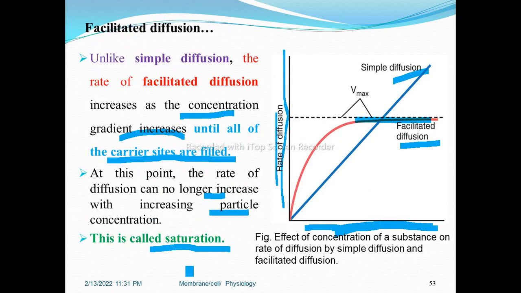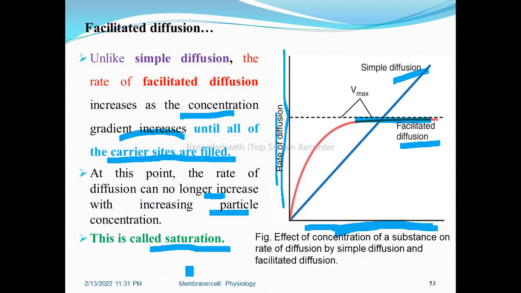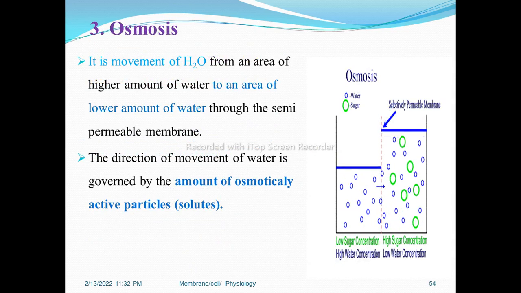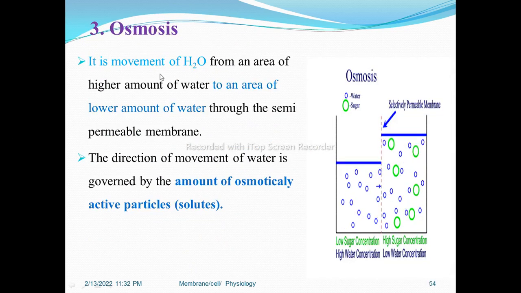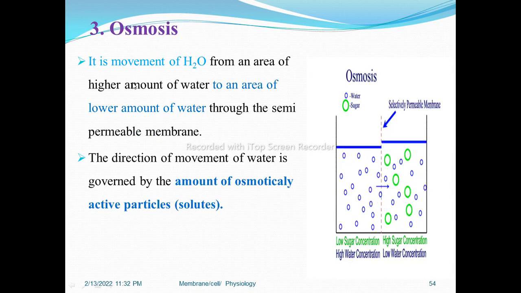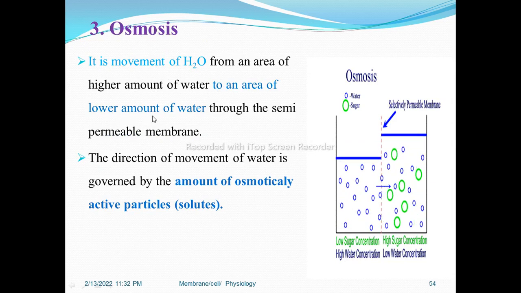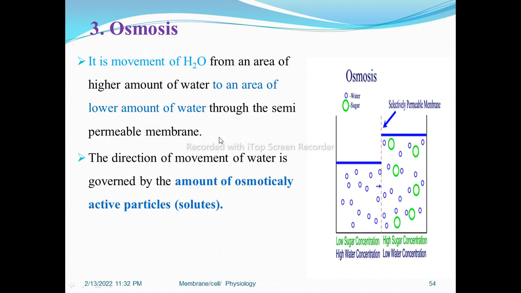So the third type of passive transport is known as osmosis. Osmosis is a movement of water from an area of higher amount of water to an area of lower amount of water through a semi-permeable membrane or selectively permeable membrane.